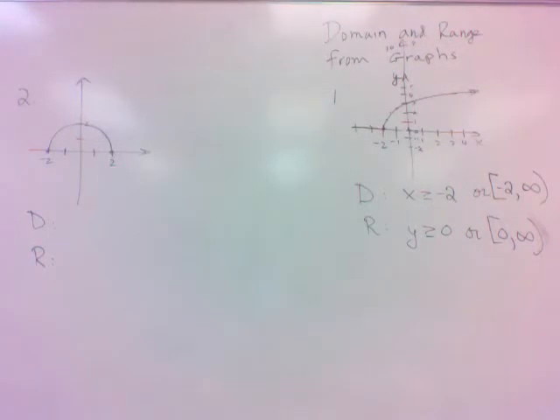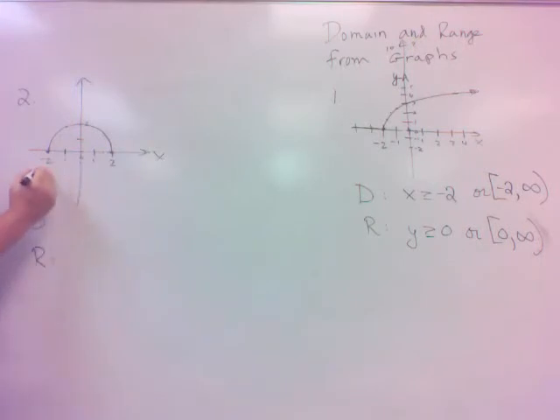All right, well, the domain being the x values. Which x values do I use here? Well, looking at the x values, I've got a -2, obviously. It's utilized. And then -1, yeah, I've got a point up here that has an x value of -1. At 0, yeah, there's a point that has an x value of 0, 1, and everything in between. Yeah, there's a point with an x value of those also.